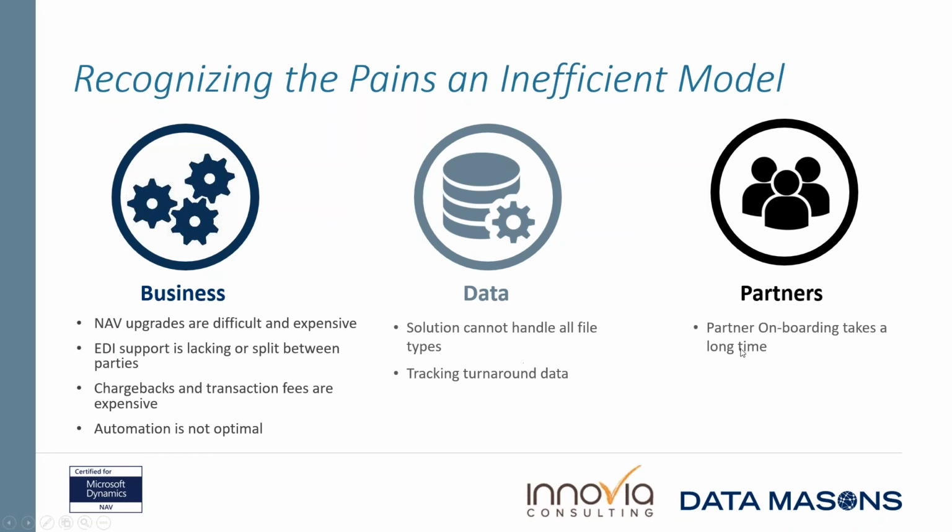The data itself, as we talked about, EDI is actually many different standards, and then also you have non-standard EDI such as XML, CSV, positional files. Not all EDI solutions can handle those, so very critical. Tracking the turnaround data, my PO line item sequence, versus having to customize NAV in order to track that value so that you can send it in later.